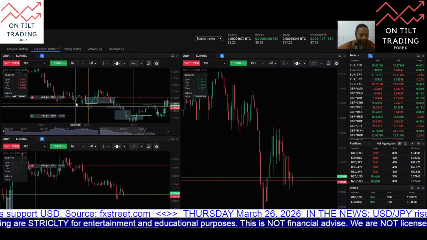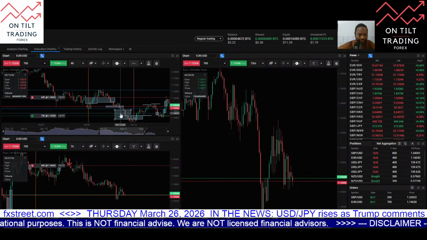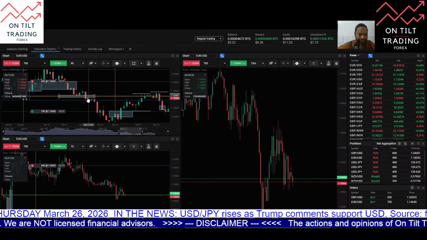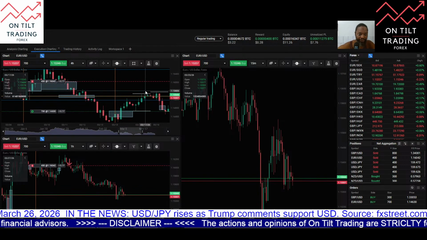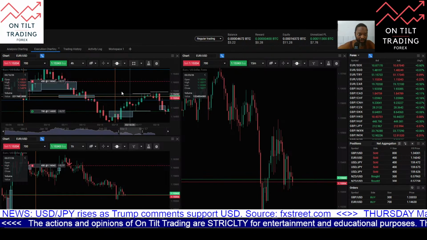Okay, and then you get price trade below this area with volatility here, and then trade back up into it here.